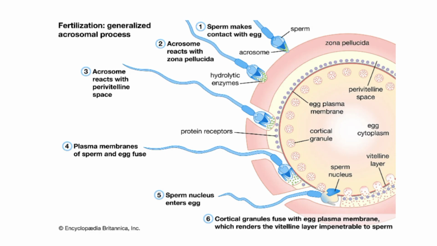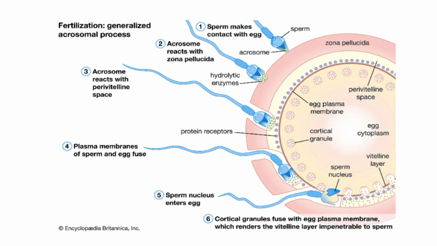Okay, so this is the picture of it. Try to take a minute, go through. On 1, the sperm makes contact with the egg. On 2, the acrosome reacts with the zona pellucida. The zona pellucida is a membrane as well, which comes after the first membrane.